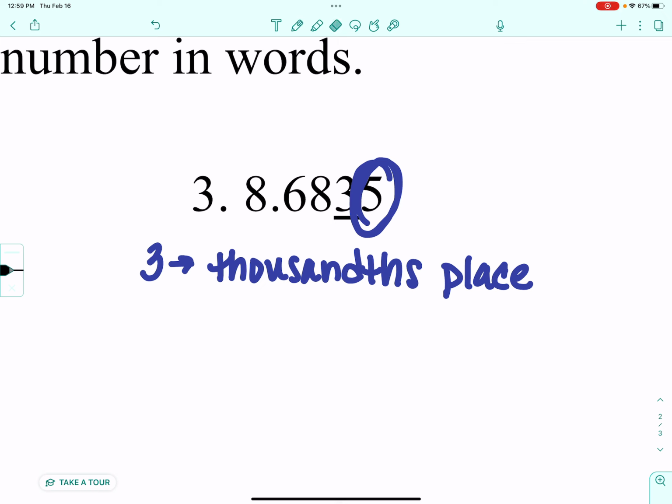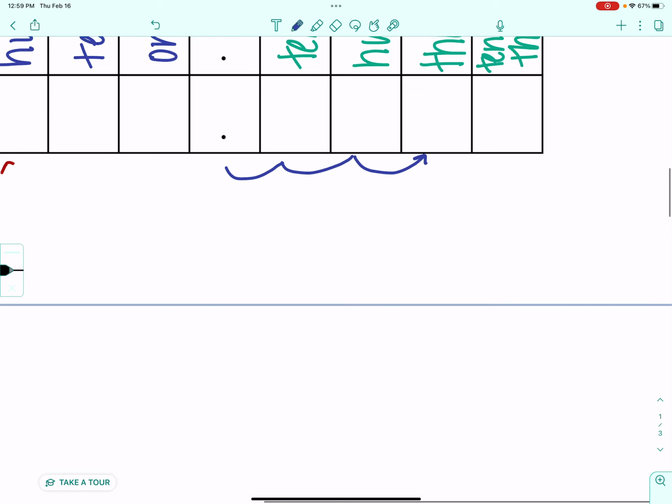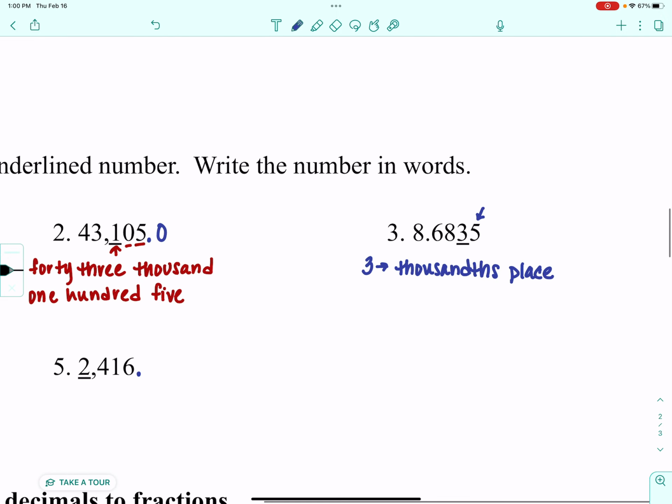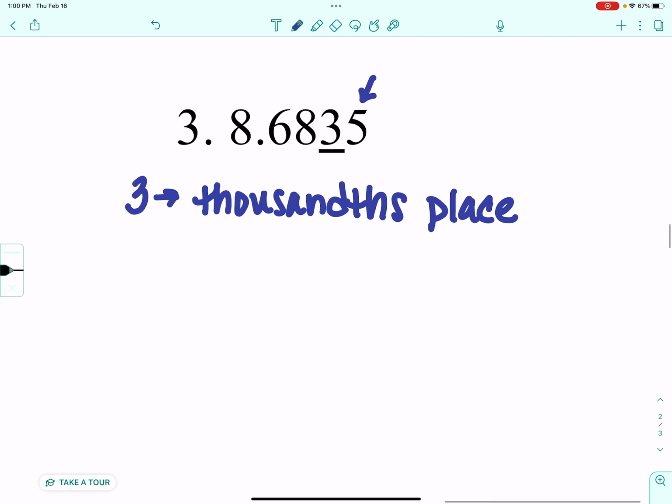So my last decimal place is 4 places behind the decimal. So that's the 10,000ths place. So this will be 8. Now here's our decimal point. This is where we're going to use an and.